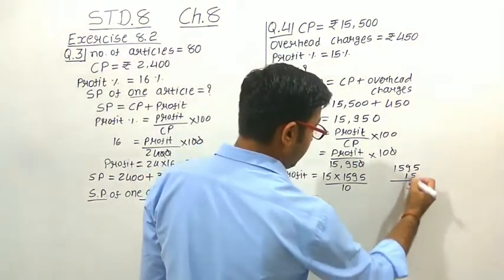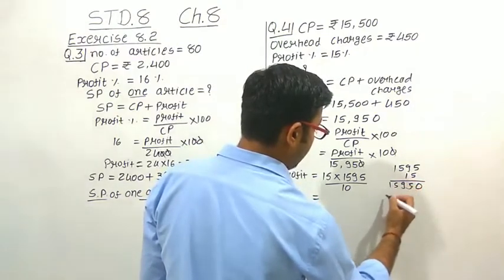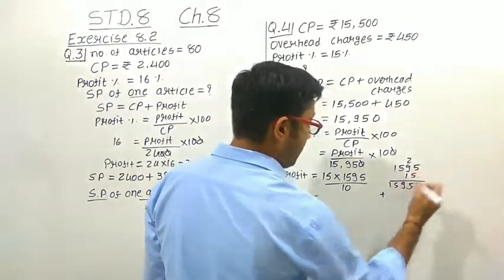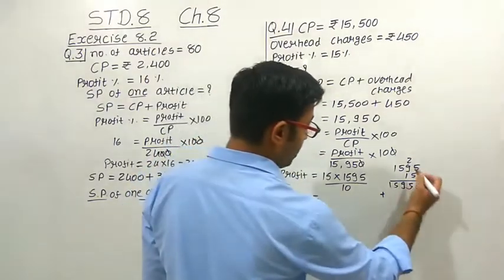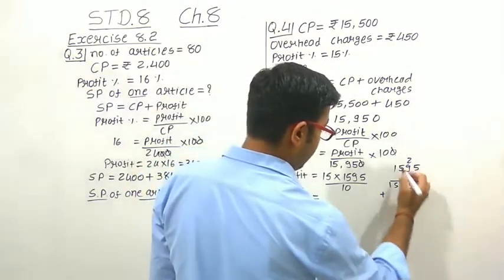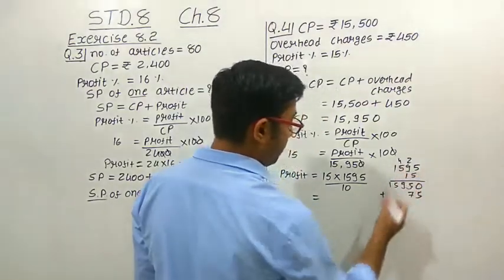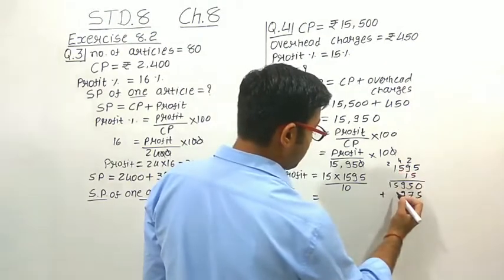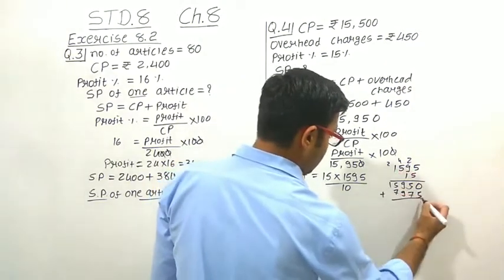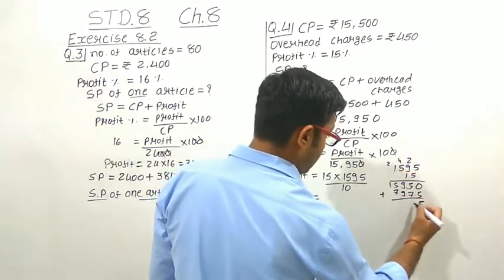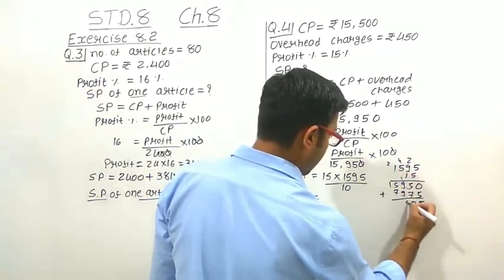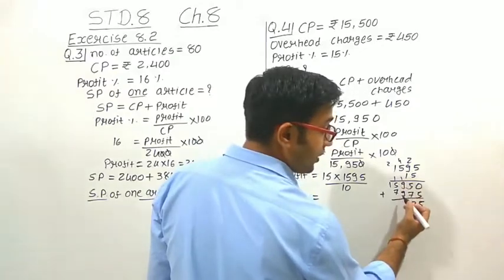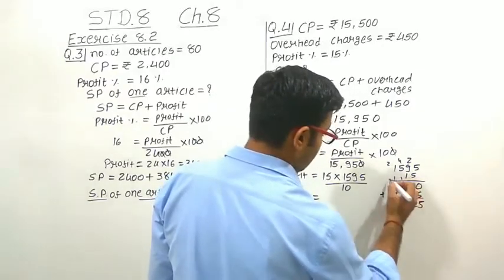5 ones are 5, 9, 5, 1 plus 5 5s are 25, 2 is the carry, 9 5s are 45 plus 2 is 47, 4 is the carry, 5 5s are 25 plus 4 is 29, 2 is the carry, 5 ones are 5 plus 2 is 7. So here we get 5, 12, 1 is the carry, 19, 1 is the carry, 5 plus 6 and 6 plus 7, that is 13, 1 is the carry.